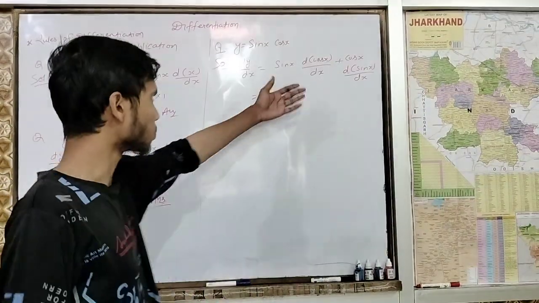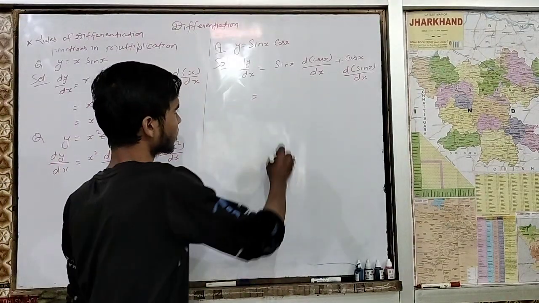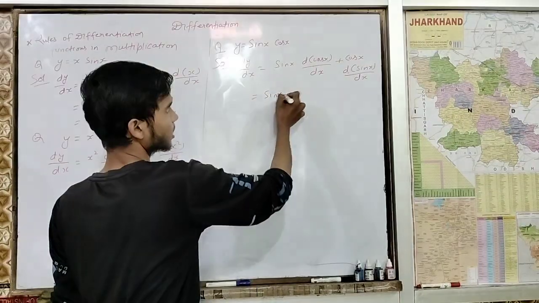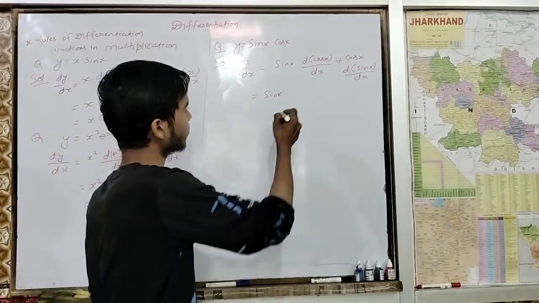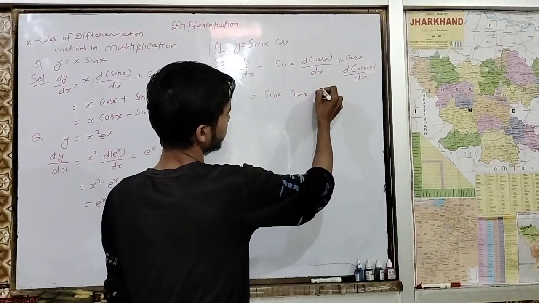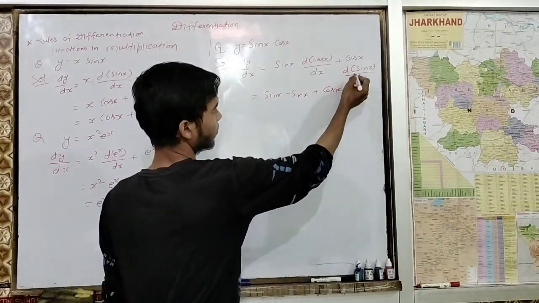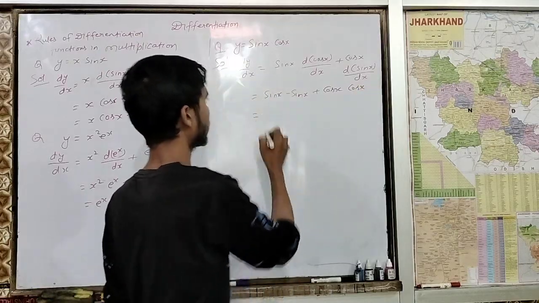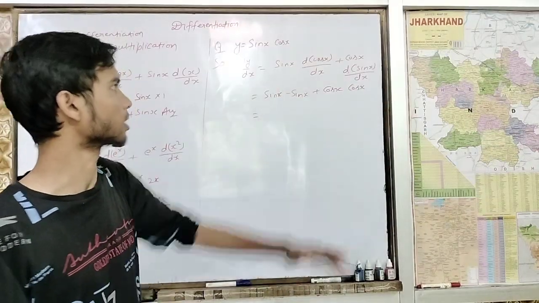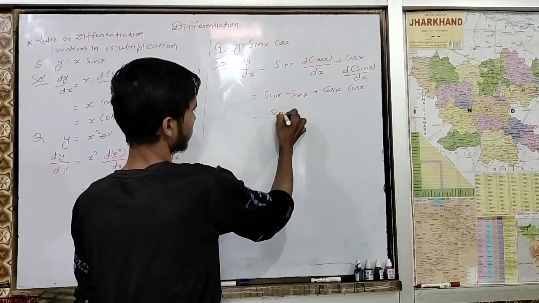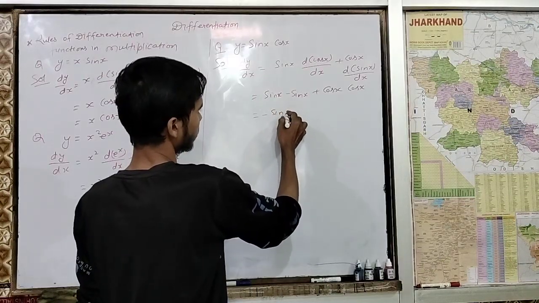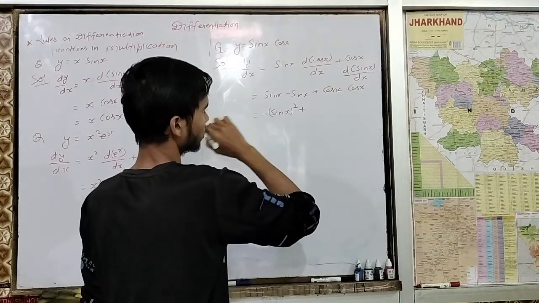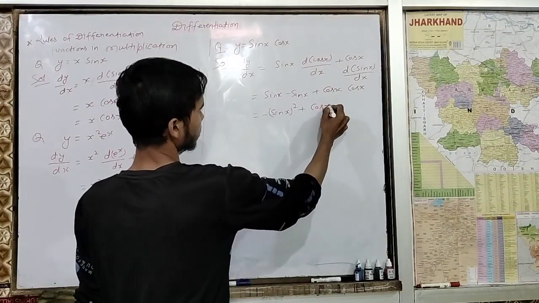Now this was the rule. sin x as it is, the differentiation of cos x is minus sin x, plus cos x as it is, the differentiation of sin x is just cos x. Now here sin x times sin x will give you minus sin squared x, and this is cos squared x.